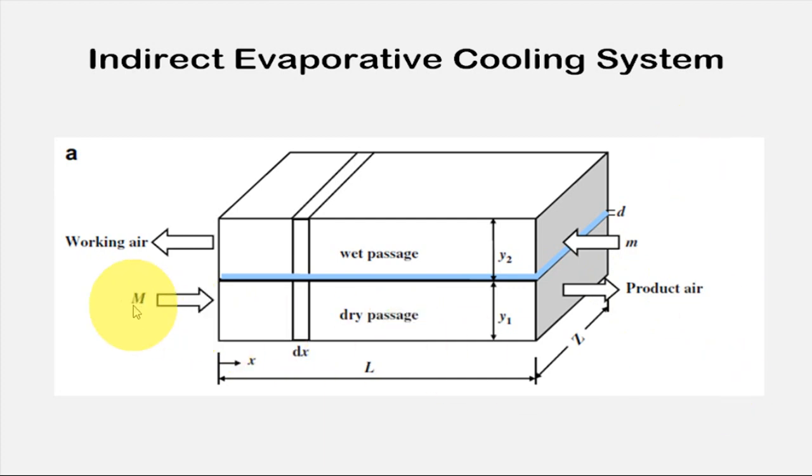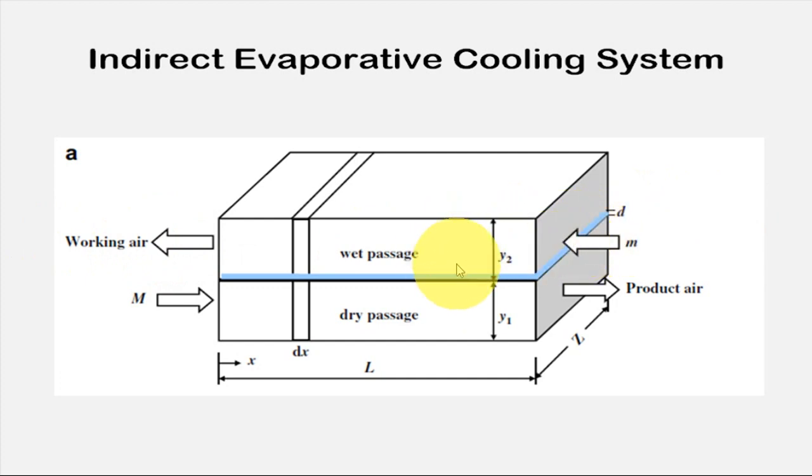Now, as the air passes through this dry passage, heat is transferred from this dry air through the water film to the air passing through the wet passage. Now another air, called working air, will pass from this side.